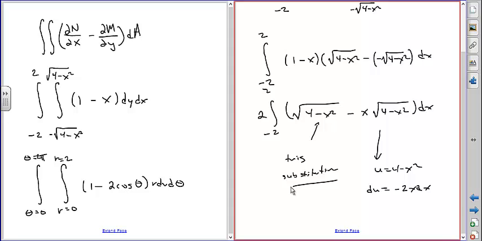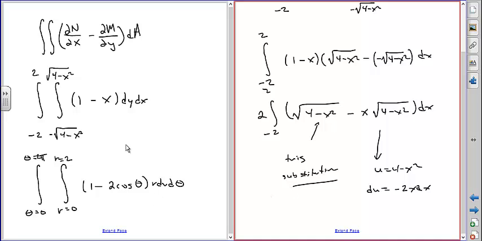The answer is 4 pi. I'll do it after class as well. I'm not trying to get out of doing it. I just figured it'd be good something to do outside of class. Just kind of a review of stuff we've done. Gives us some appreciation for polar coordinates.